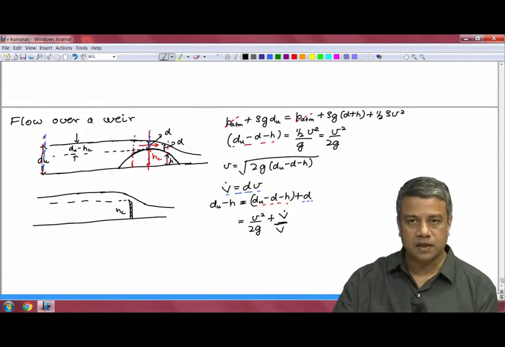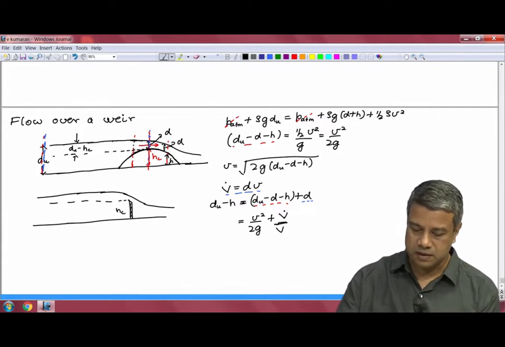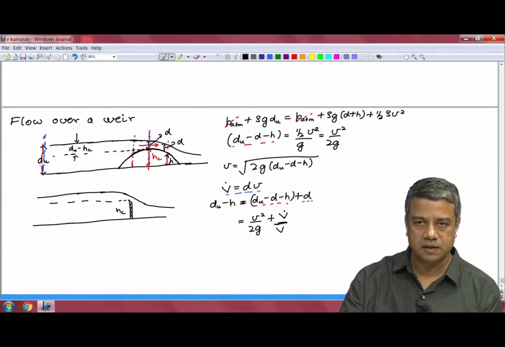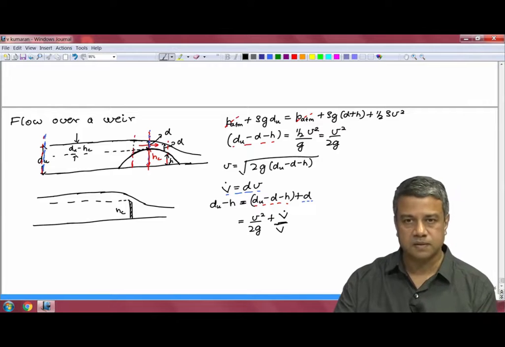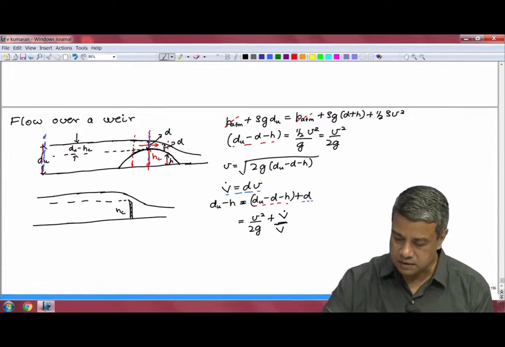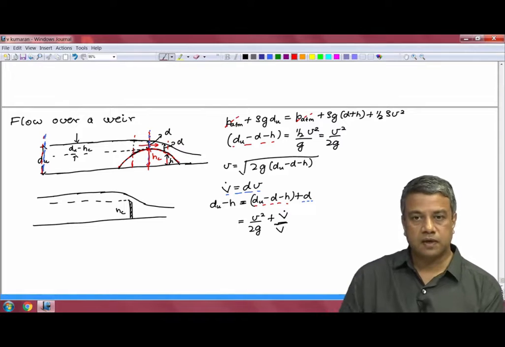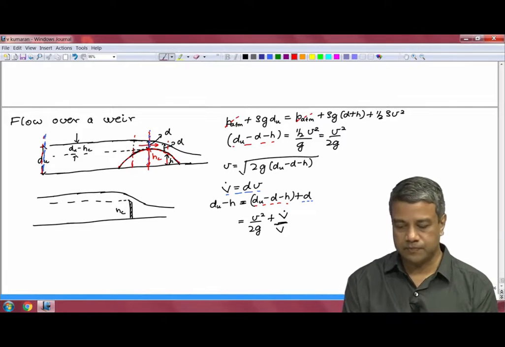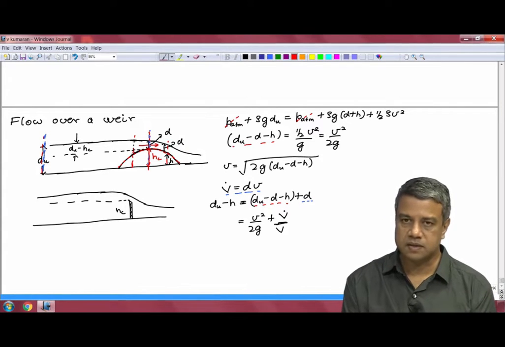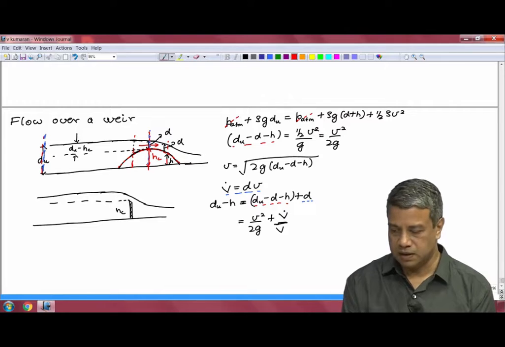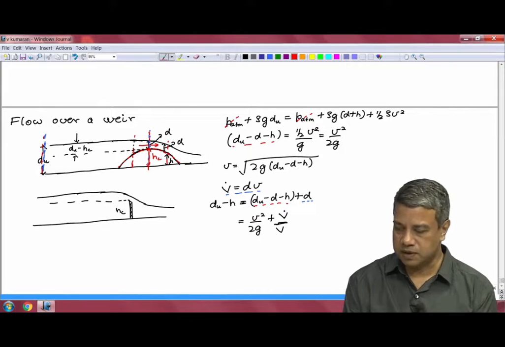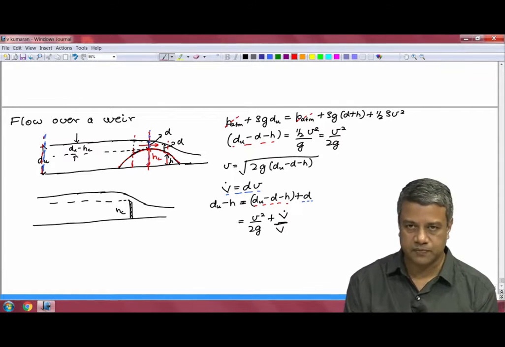Note that du is the total height, that is a constant. H is the height of the obstruction. Therefore, du minus h is a minimum when the height of the obstruction is a maximum.